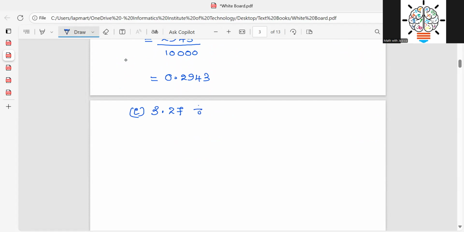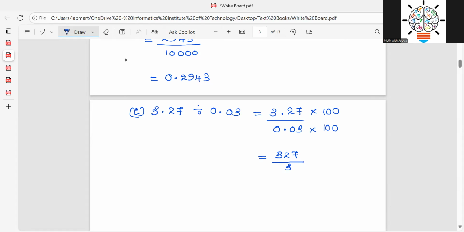3.27 divided by 0.03. When you have something like this, how I'm going to write? I write it as a fraction, over 0.03. And the division I have with decimals, I want to eliminate that. For that, looking at the number of decimal places, I multiply it by 10, 100, and 1000. If I do something with the denominator, I want to do the same thing to the numerator. So then here it gives me 3.